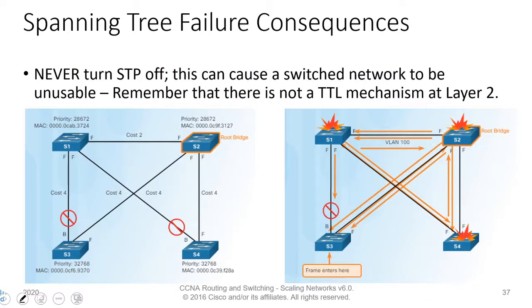One of the things we have to be mindful of is that we should not turn off STP in a particular switch without having a serious think about it. That is because of the lack of a TTL mechanism.